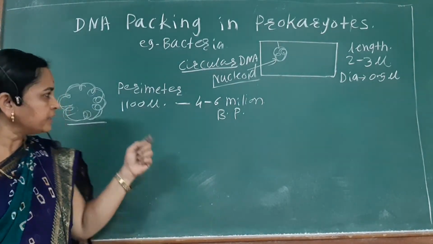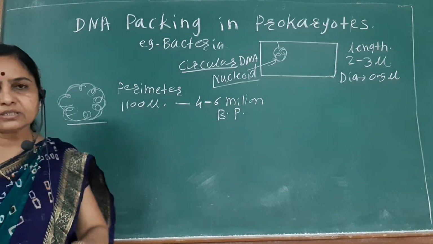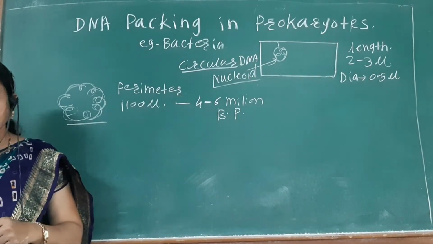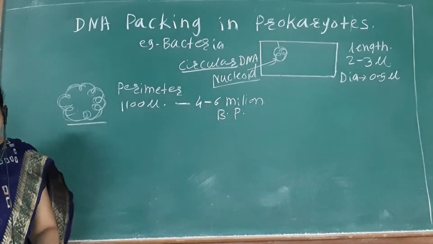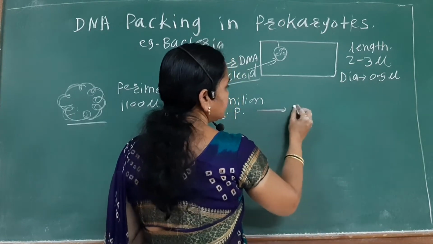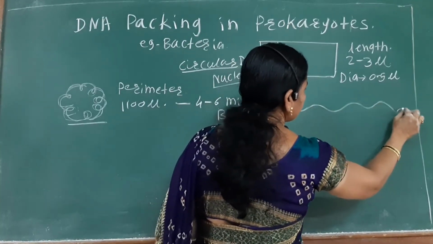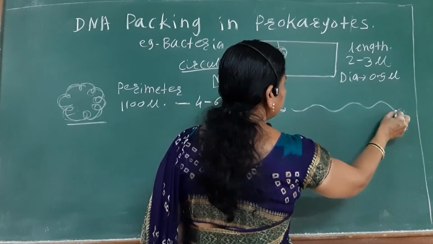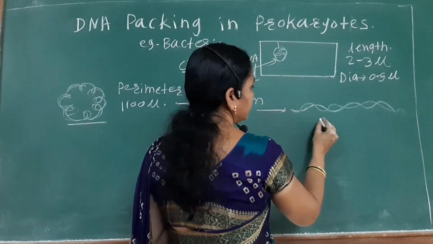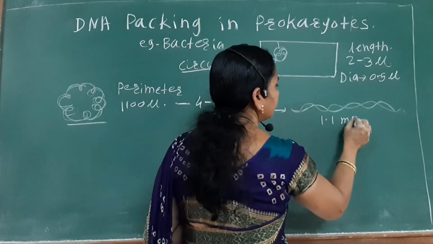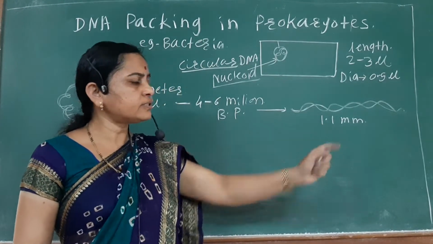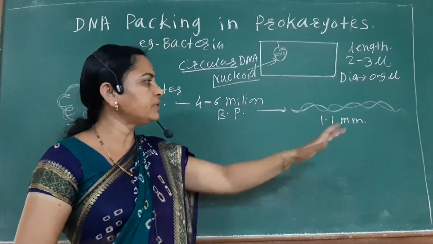If we cut this circular DNA and stretch it, like this, the length of this double stranded DNA is 1.1 millimeter.